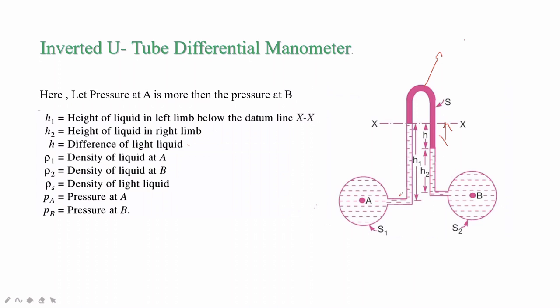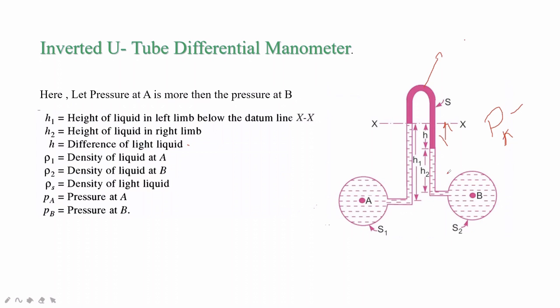PA plus rho 1 G H1, right? In the right limb, what happened? PB plus rho 2 G H2 plus rho S G H, correct? But due to the inverted tube we will get a negative term.